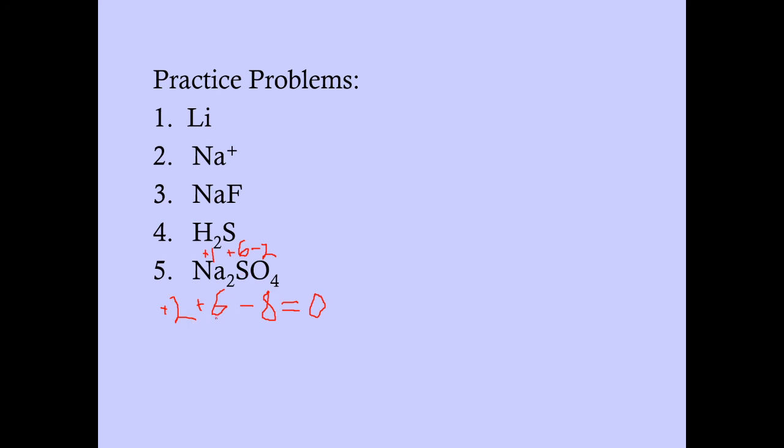Plus 2 plus 6 is 8. Minus 8 gives you 0. That's it. That's all you have to do to assign oxidation numbers is basically simple adding and subtracting, and every now and again some minor multiplication. All you need to really know is those rules and know how to apply them.